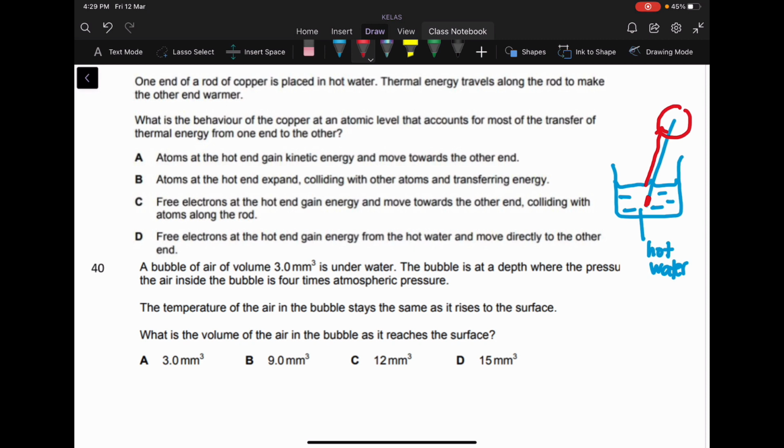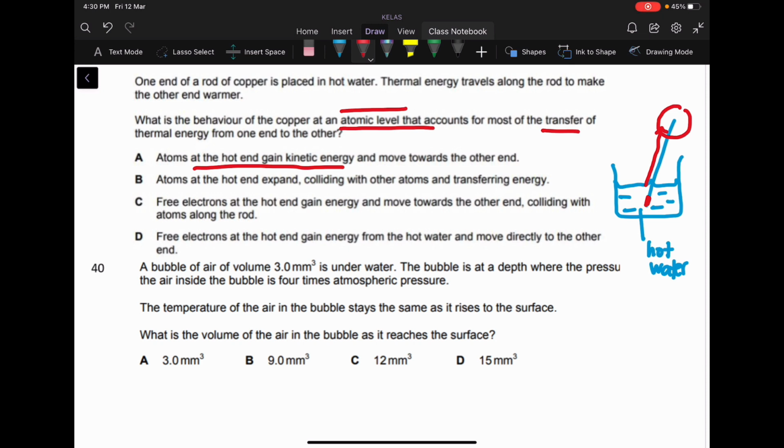Now, what is the behavior of the copper at an atomic level? We are going to explain about the atoms in the copper, the atomic level that accounts for most of the transfer of thermal energy. So this is about heat transfer, not about thermocouple. Atoms at the hot end gain kinetic energy. What is wrong with this statement?